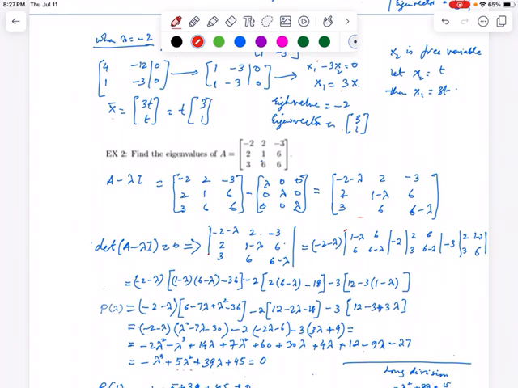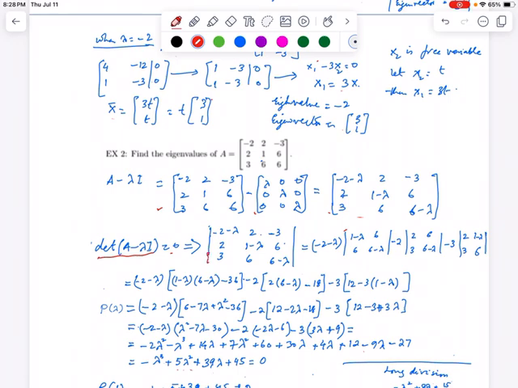We start the same way, A minus lambda I. This is A and this is lambda I, and we end up getting this matrix. Now we have to find the eigenvalues, so we write the characteristic equation, which is the determinant of A minus lambda I equal to 0. So I write it in the determinant form like this, and then I expand it.